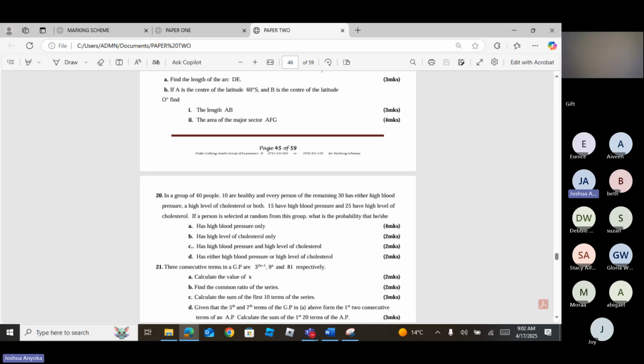In a group of 40 people, 10 are healthy. Every person of the remaining 30 has either high blood pressure, high level of cholesterol, or both. 15 have high blood pressure and 25 high level of cholesterol.